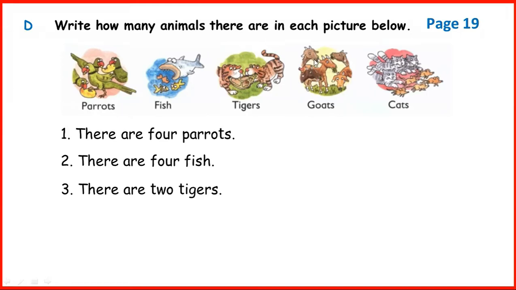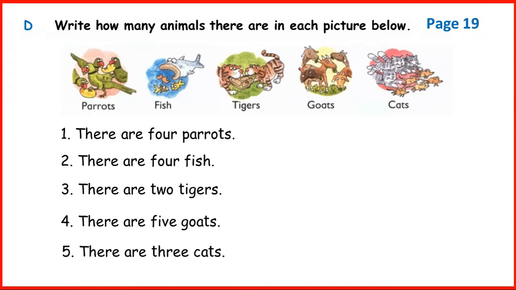So we write there are 5 goats. Look at the next picture. How many cats? Count 1, 2, 3. 3 cats. So we write here, there are 3 cats.